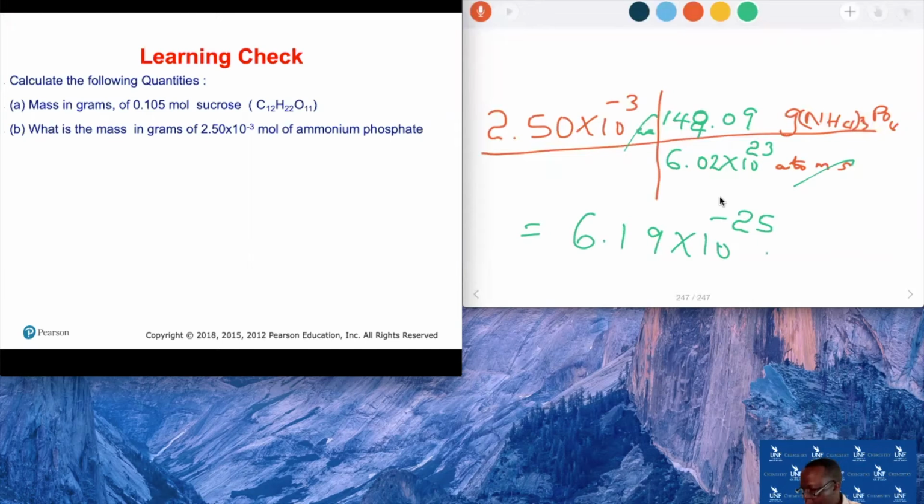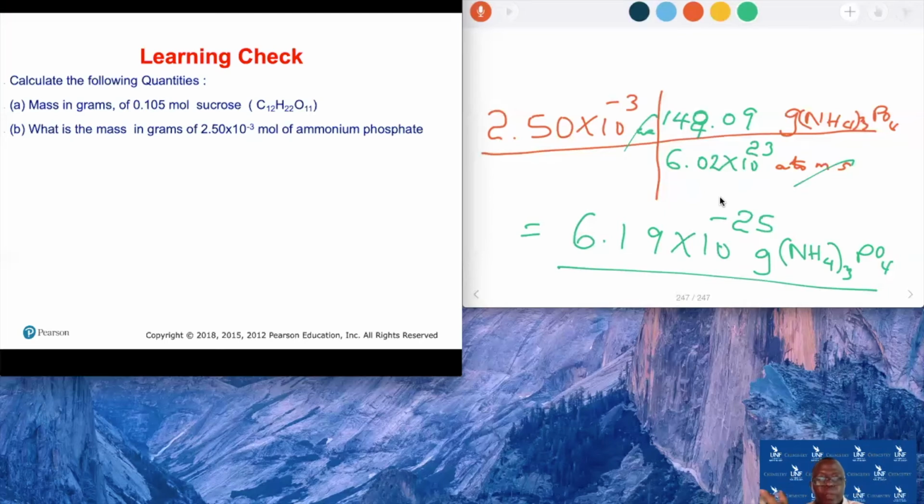This is grams of (NH4)3PO4, with three significant figures. So this is an example of a compound problem where you are also being tested on how to use the periodic table to find the molar mass of a compound.